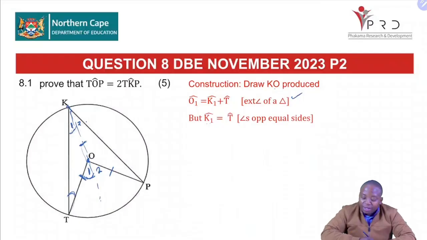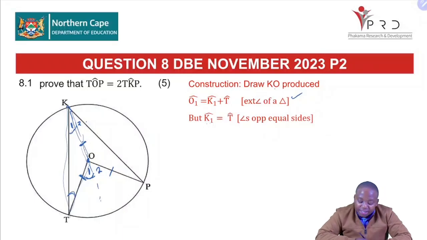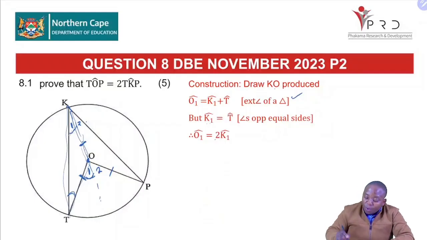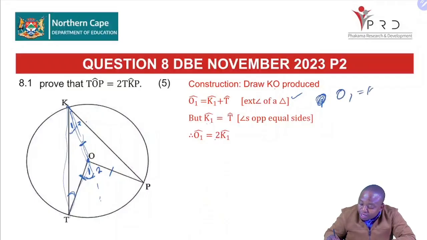If we check, we'll have an isosceles triangle on that side. Therefore, our O1 can now be equal to 2 times K1, right? Why? Because O1 equals K1 plus, remember we said K1 equals T, plus K1 again. So O1 is now 2K1.